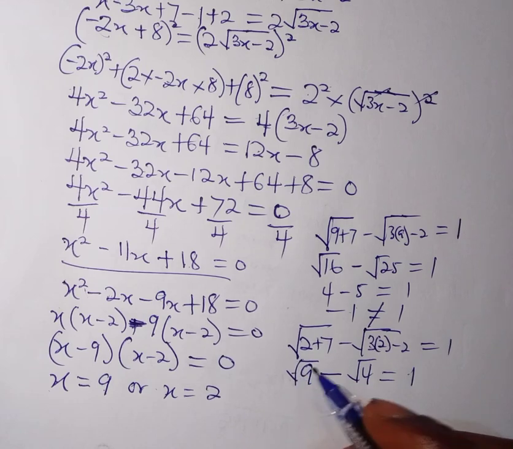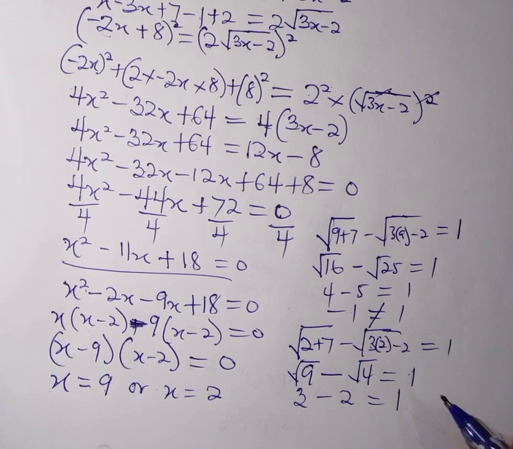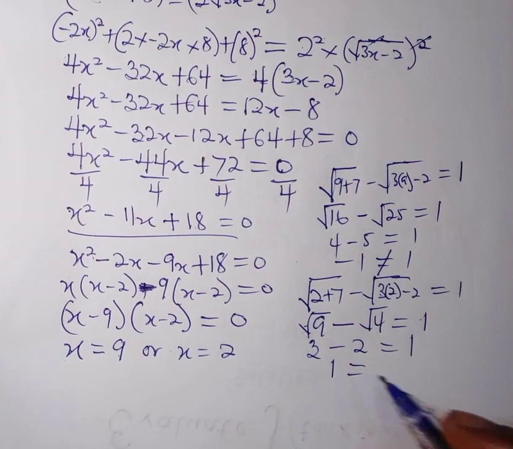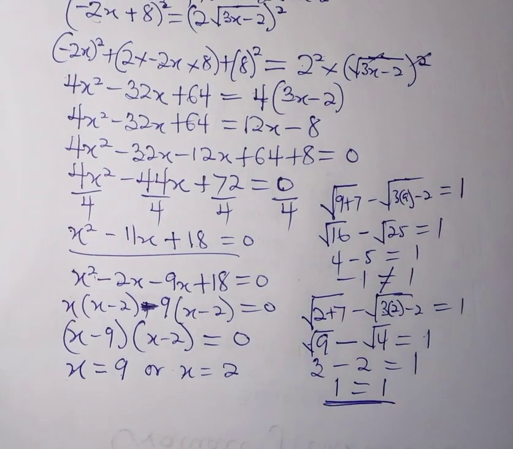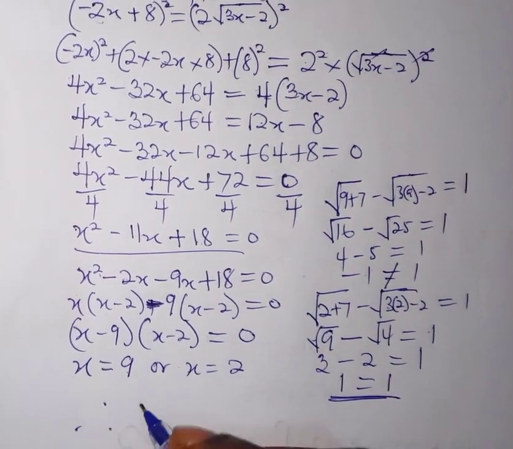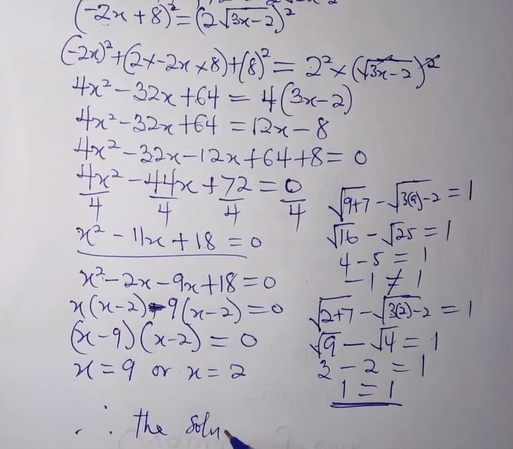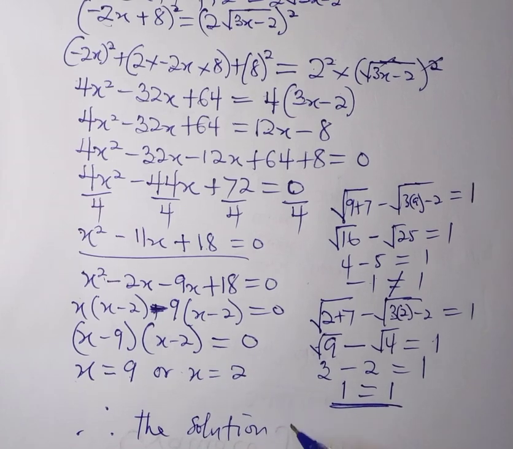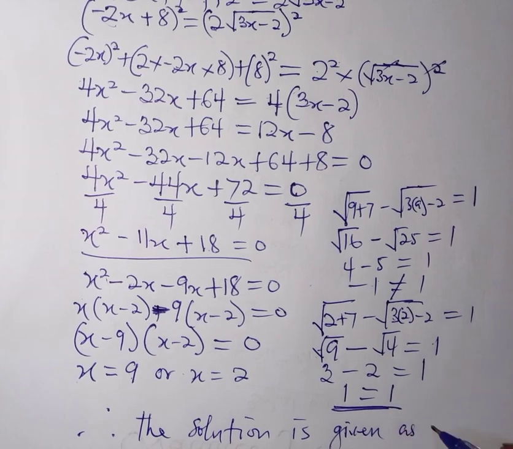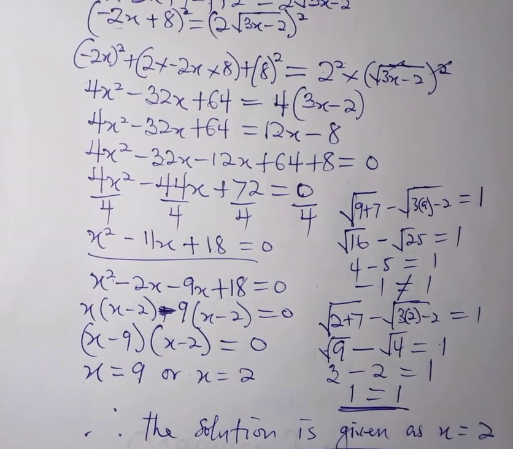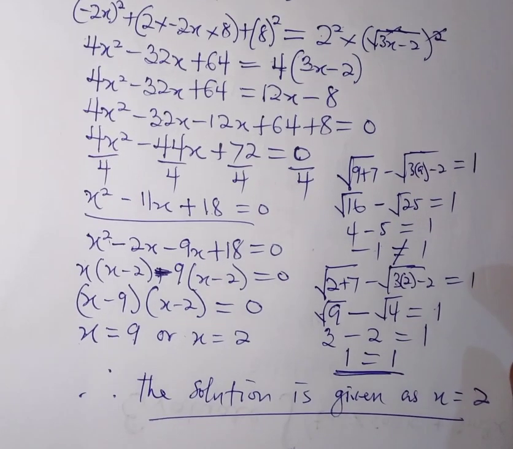The square root of 9 gives me 3, the square root of 4 gives me 2, so 3 minus 2 is equal to 1. So we have 1 is equal to 1. Good. Since the 2 satisfies the condition, the solution is given as x is equal to 2. So the value for x is 2. That is our solution. Have you gotten that?